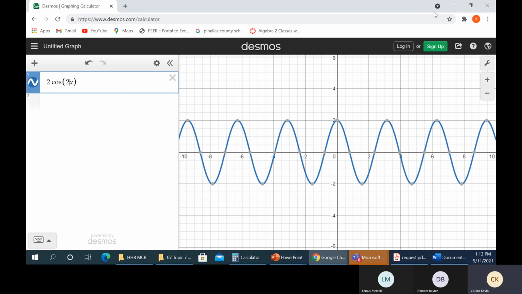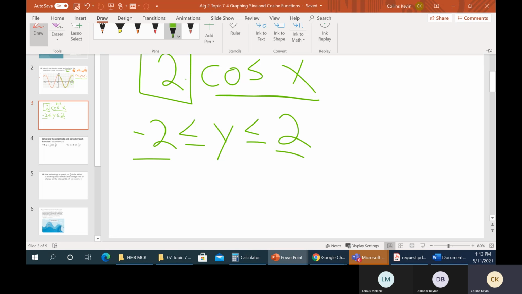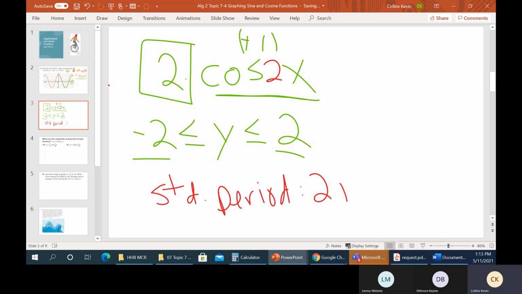So let's pop back to the other thing real quick. What we're saying is if you stick a number out front here, say I put a 2 there, the standard period for a cosine and a sine function is 2 pi. 2 pi is the same as 360, one trip around the circle.